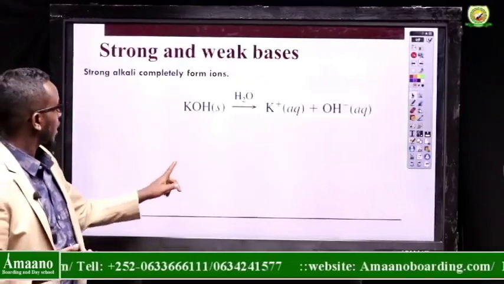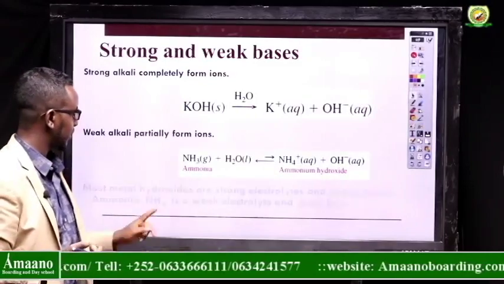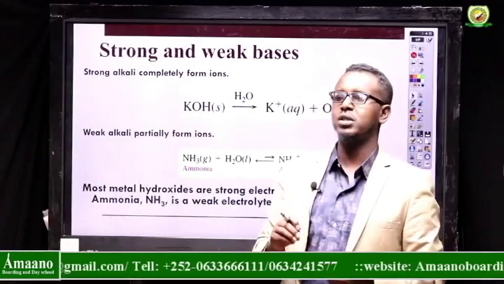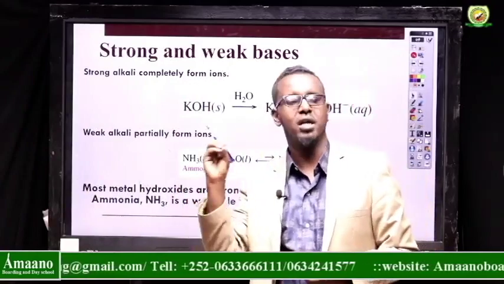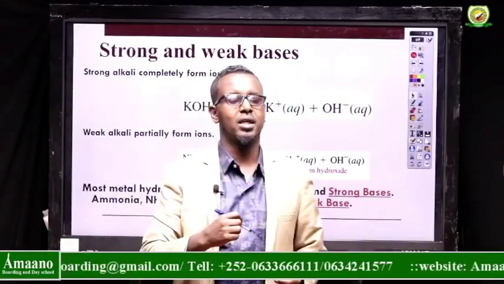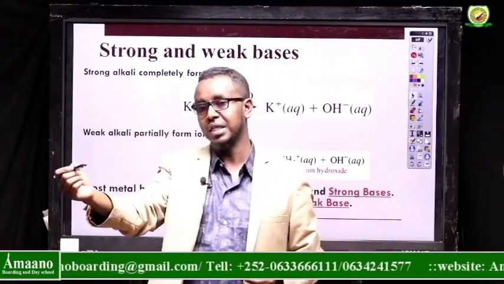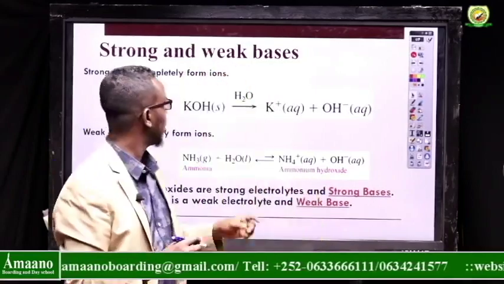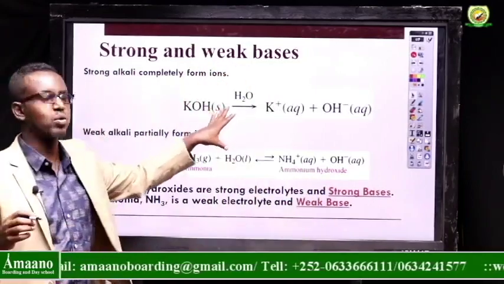What about strong bases and weak bases? This is very simple. We came across this with acids. We said there are weak acids and strong acids. Strong acids decompose completely. Weak acids decompose partially. Same principle with acids.